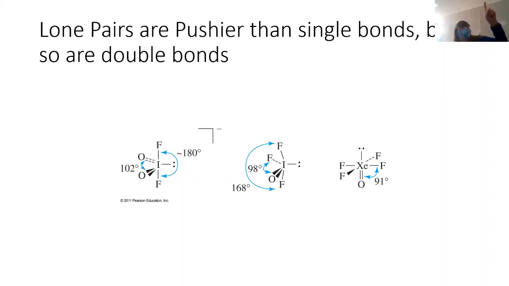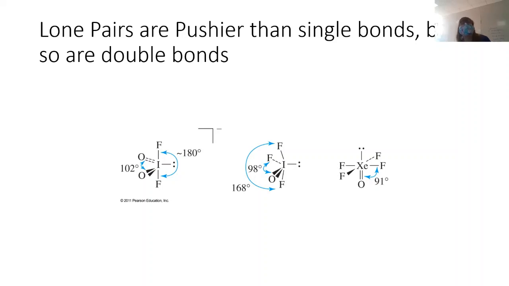If you look at the left-hand side where we have two lone pairs, the two double bonds have the pushy power of the one lone pair, so it kind of straightens it out. On the far right-hand side, where we have the lone pair on one side and the double bond on the other, they just about balance each other out.